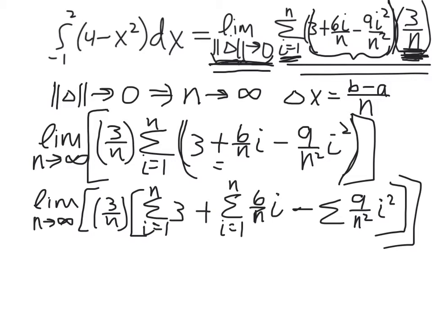And from here, we'll go ahead and use those summation formulas. We'll still have the 3 over n out in front of all of that, but the summation of a constant we can rewrite as what? That constant, is it a multiply?